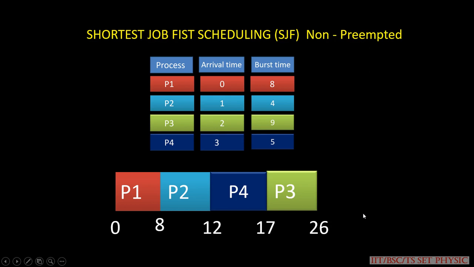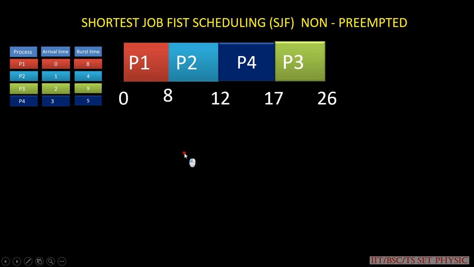The difference is that P1 was completed in non-preemptive, whereas in the preemptive situation P1 was not completed because of the arriving time. So P1 started at 0 and completed at 8, because in non-preemptive it cannot be removed forcibly.